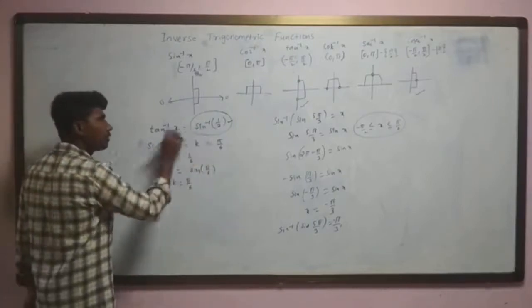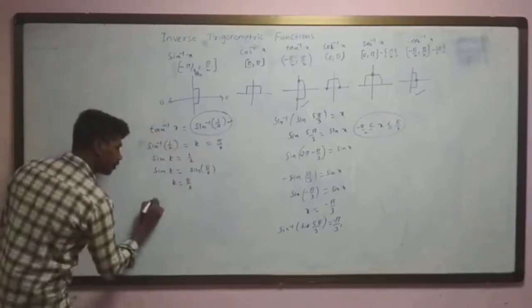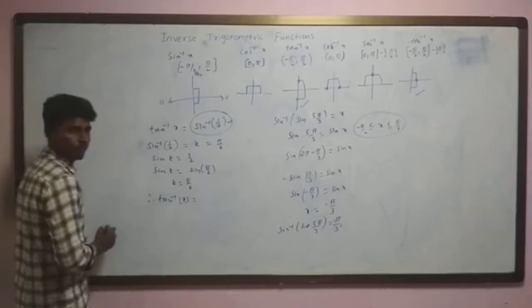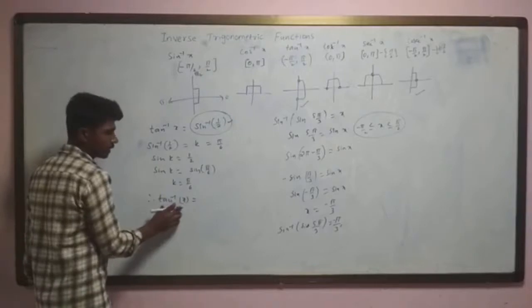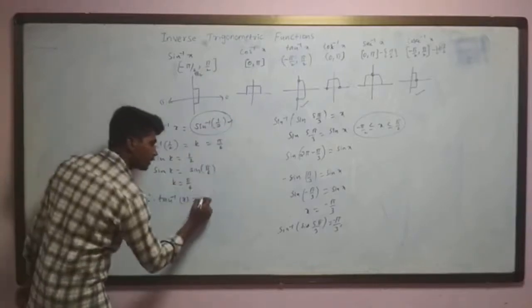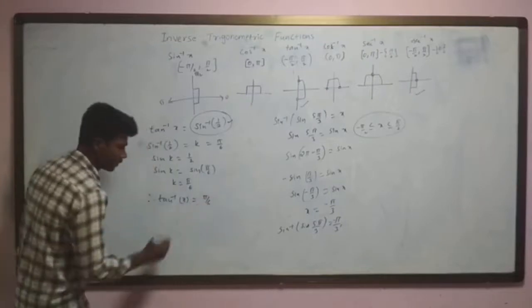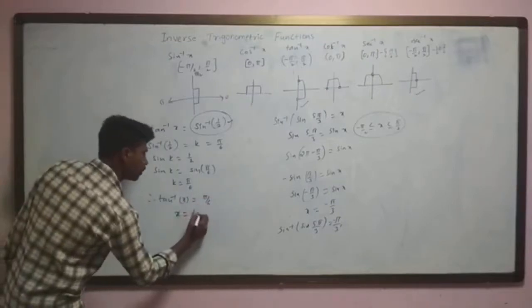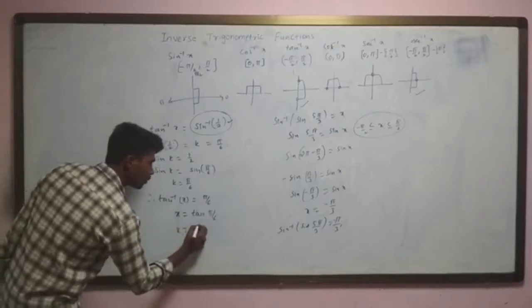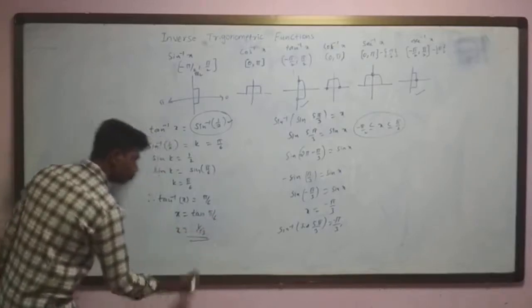Sin inverse of 1 by 2 is equal to tan inverse x. Therefore tan inverse of x is equal to sin inverse 1 by 2, but I got sin inverse 1 by 2 as pi by 6. So x is equal to tan pi by 6. So x is equal to 1 by root 3.